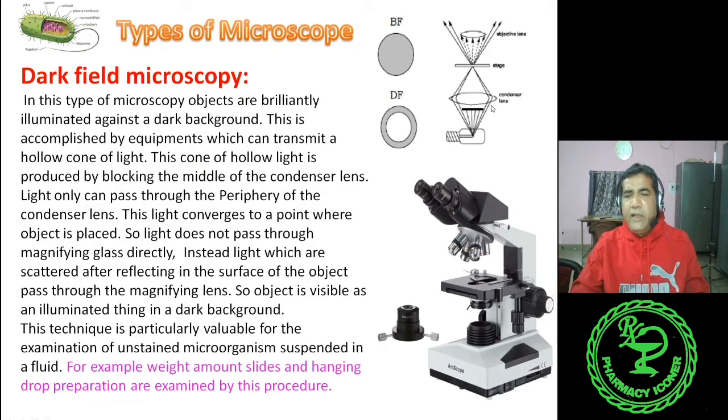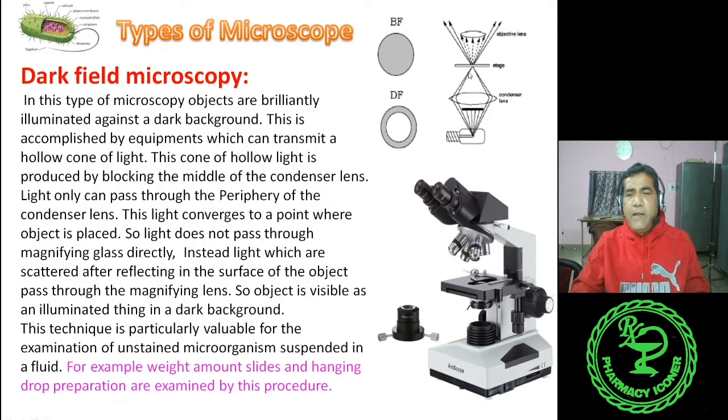From the periphery, the light will go this way and this way, and at the convergence point the object must be kept. So light is not directly coming to where your eye is supposed to be. You are viewing from here.